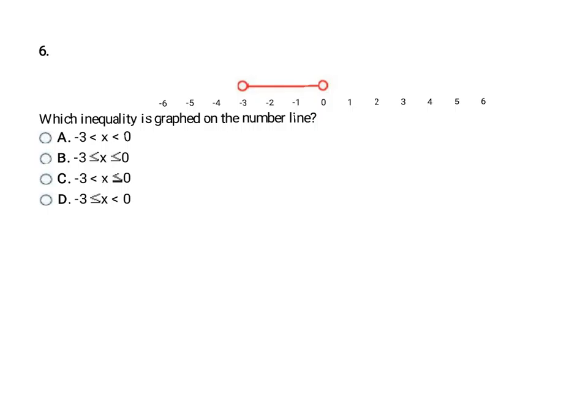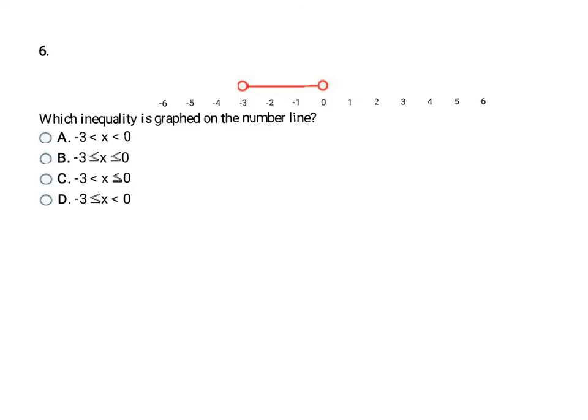So this graph shows all numbers between two numbers, negative 3 and 0. In math, the way that we show between is a variable with less than symbols on both sides. You could have less than or equal to on one side, or you could have it on both sides. That's all acceptable.